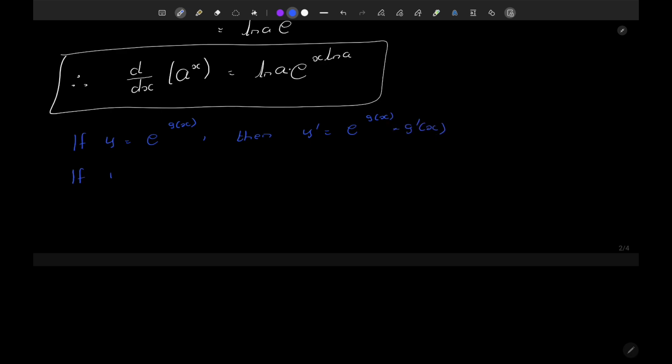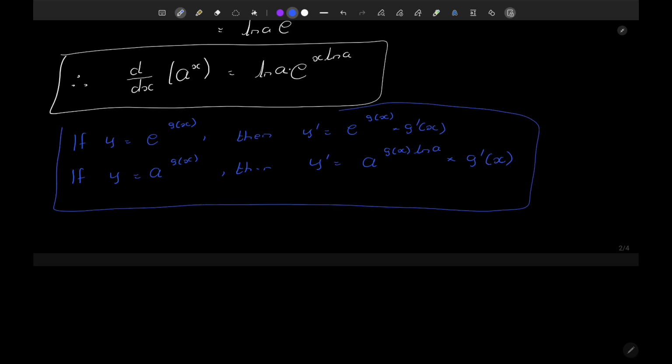And if y is equal to a to the g of x, then y prime is going to equal a to the g of x ln a times g prime of x. We encase our method.